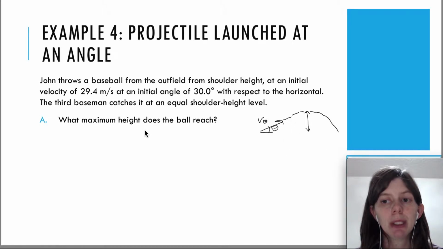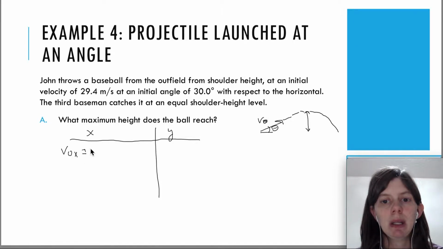So how do we approach this? Well, as soon as you realize that it's a projectile motion problem, separate the x and the y directions. Write down what you know for each direction. The x direction, we can find the x component of the given velocity.